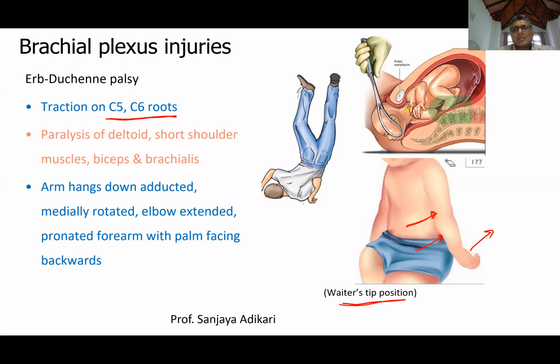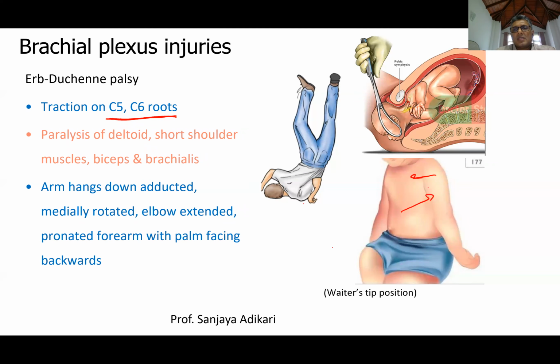But the adductors, like pectoralis major and latissimus dorsi coming from behind, are supplied by C6, C7, C8 roots. So they are not C5 and C6. Therefore, adductors are left unchecked by abductors. So you get adduction of the shoulder joint. That's why the arm is hanging by the side. Then you get the biceps and brachialis paralyzed.